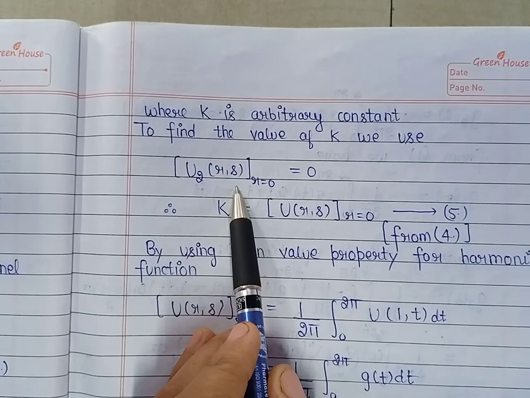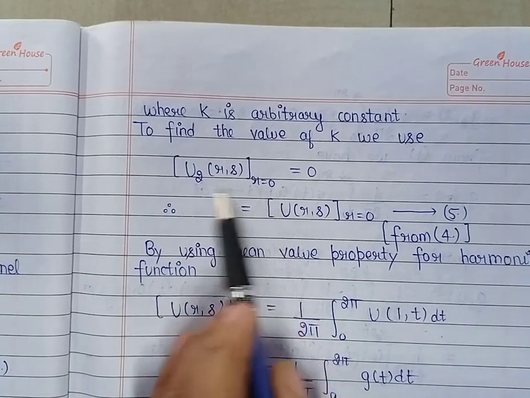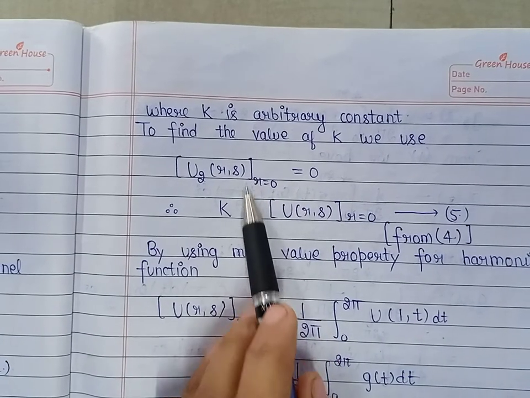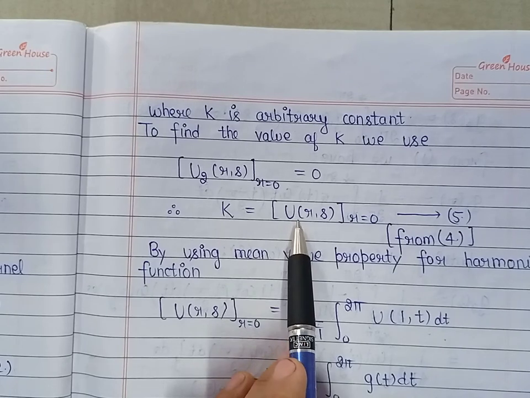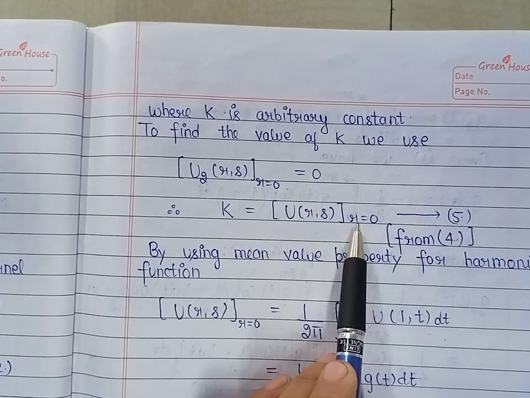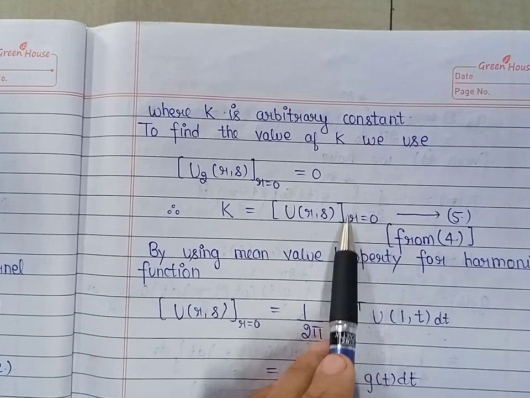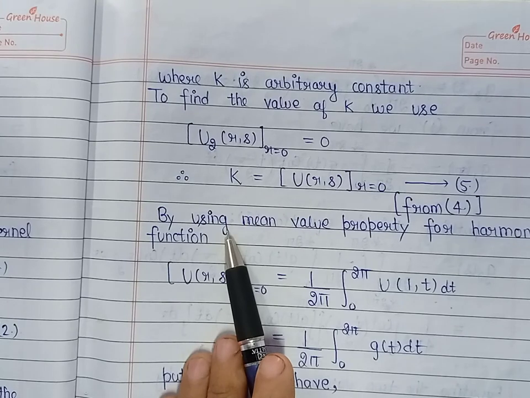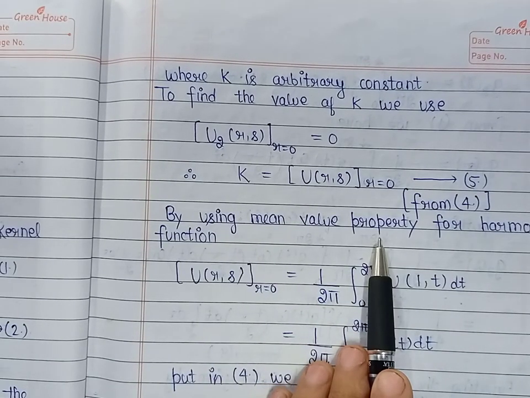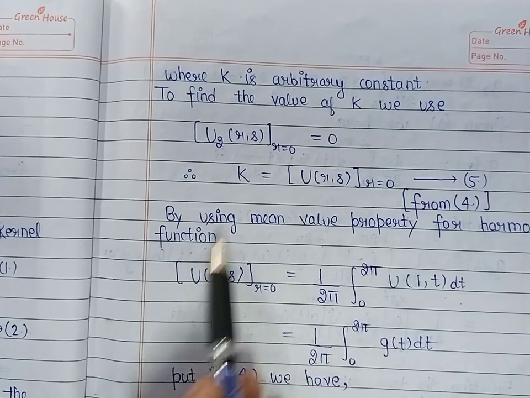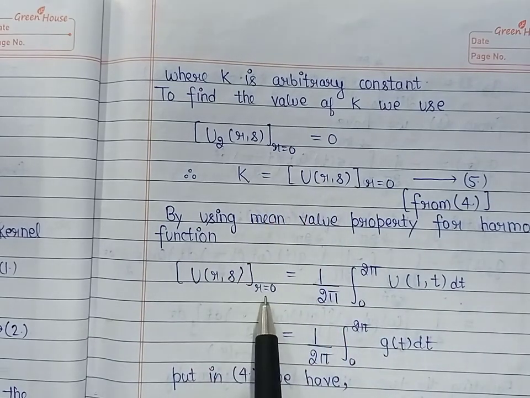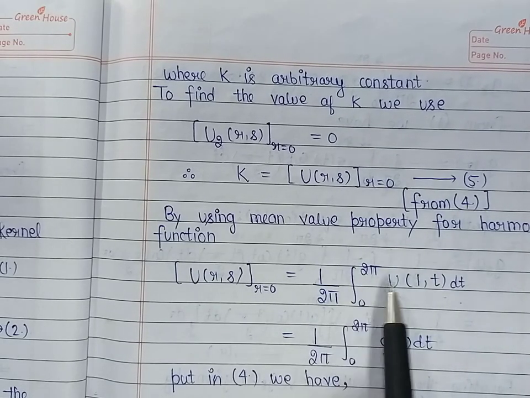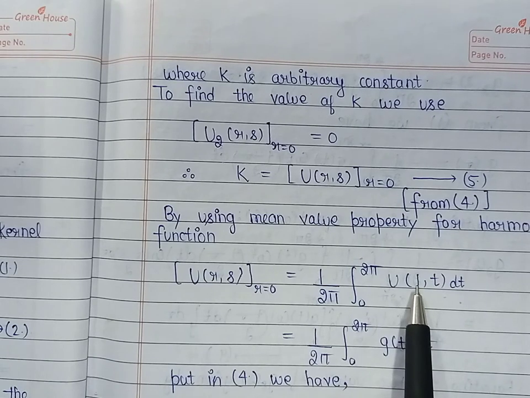Now let us find the value of this arbitrary constant k, and for this we use the condition that at the center of the disk the value of function u2 is 0. So using this condition from equation 4 we have k is equal to the value of u at the center of the disk. At the center of the disk the value of r is 0, and also we will use the mean value property for harmonic functions. By the mean value property, the value of function u at the center of the disk is given by 1 upon 2 pi integral 0 to 2 pi of the value of function u at r equal to 1.